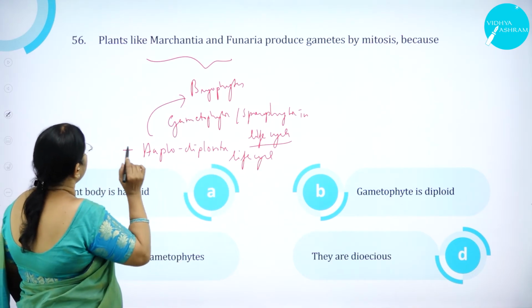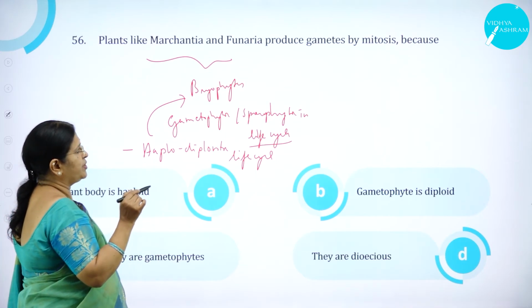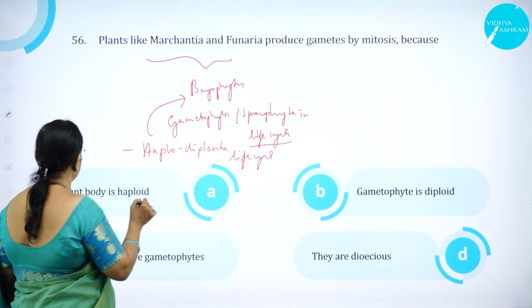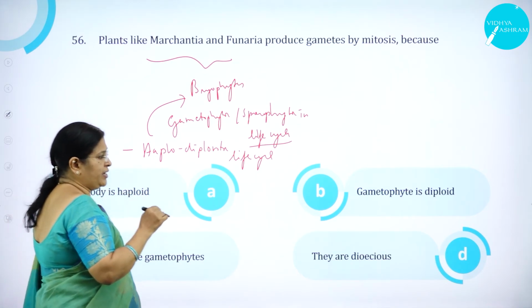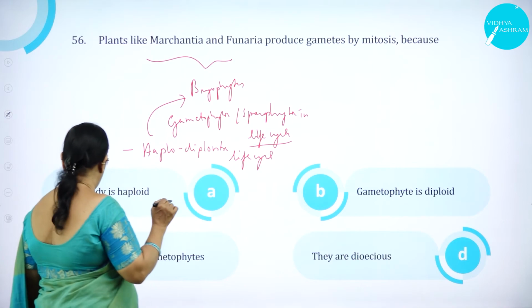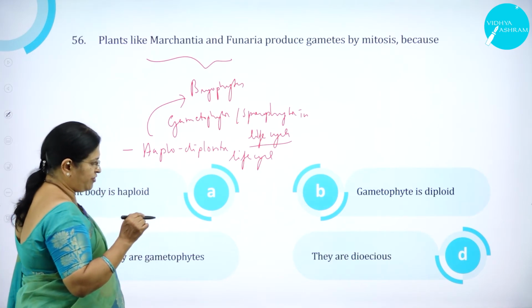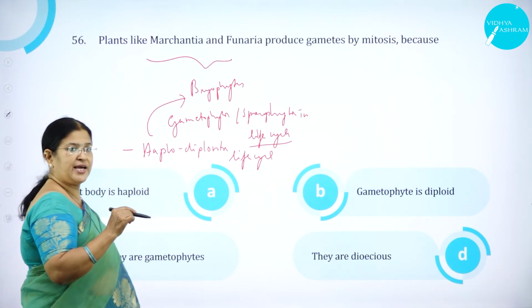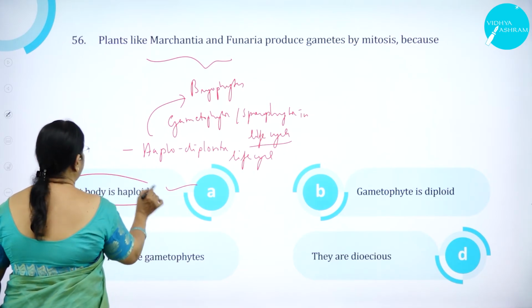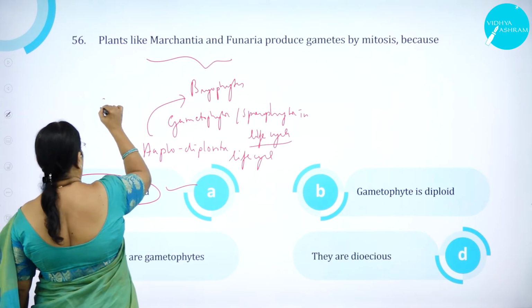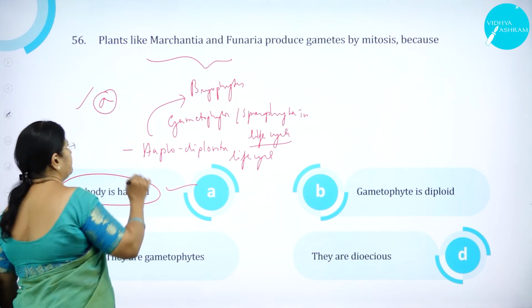Plants like Marchantia and Funaria produce gametes by mitosis because option A, plant body is haploid, option B, gametophyte is diploid, option C, they are gametophytes, and option D, they are dioecious. So option A is correct. Plant body is haploid.